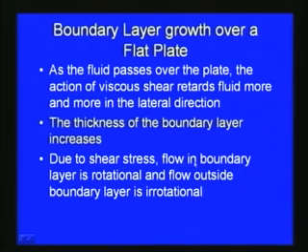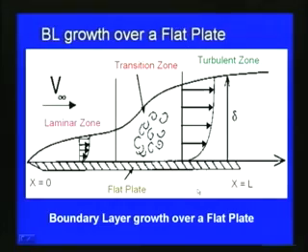So, due to the shear stresses, flow in the boundary layer is rotational and flow outside the boundary layer is irrotational. Here you can see that in the boundary layer region the flow is rotational, and we can consider outside the boundary layer the flow is irrotational depending upon the case.